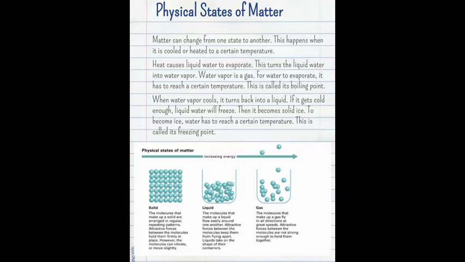Then it turns into liquid. If you keep it on that temperature and its temperature increases, you're going to increase it to steam and it's going to evaporate. So the key words that transition here are: from a solid to a liquid, it melts. From a liquid to a gas, it evaporates. Those are keywords there.